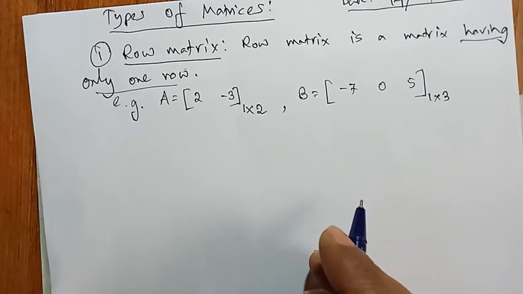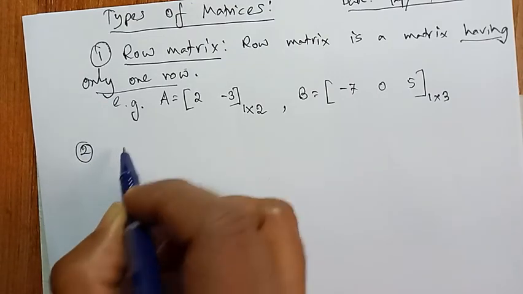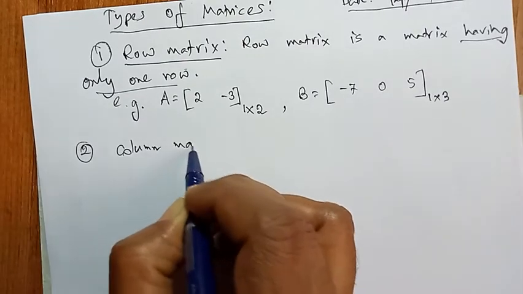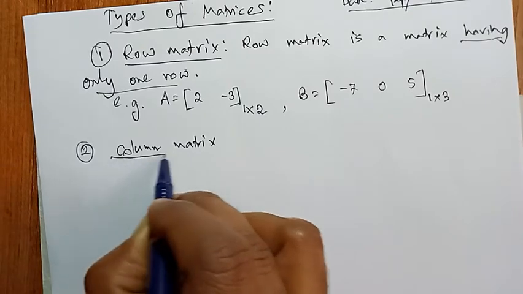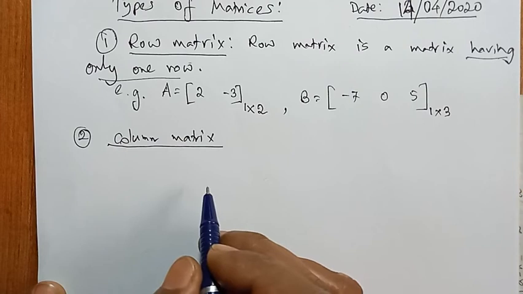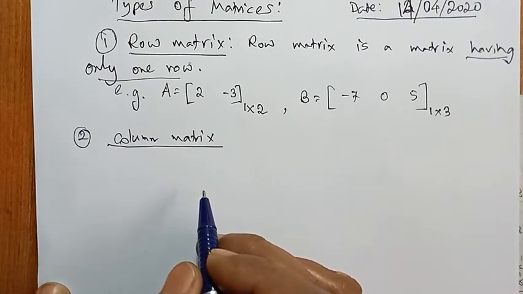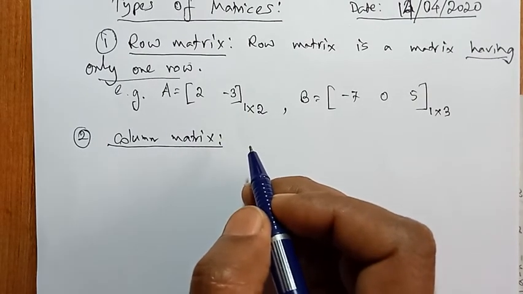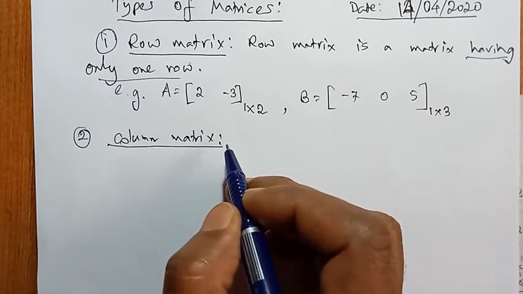Next, after the row matrix, the column matrix. When you write a column matrix, just as the row matrix has only one single row, the column matrix must also have one single column.